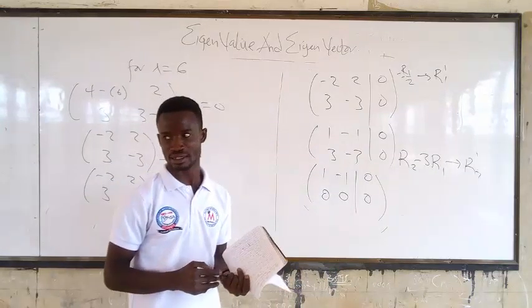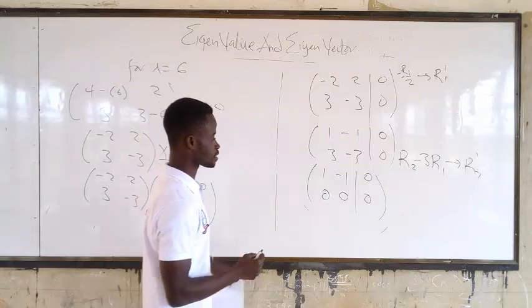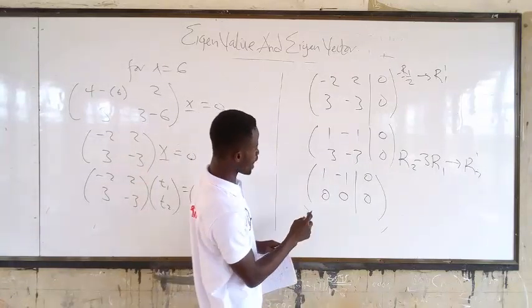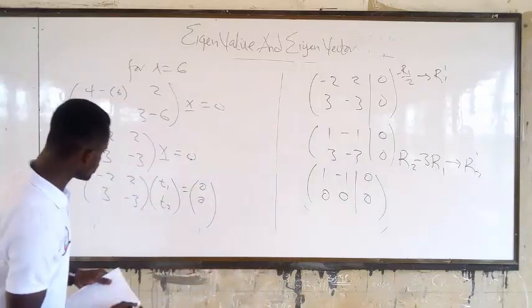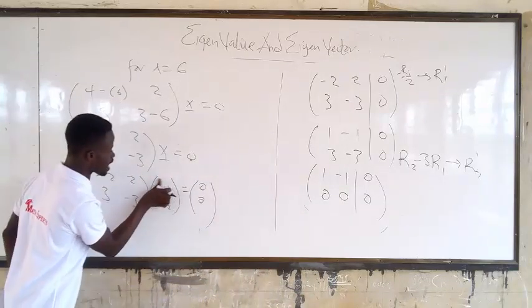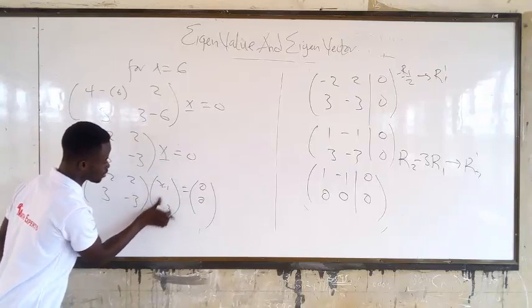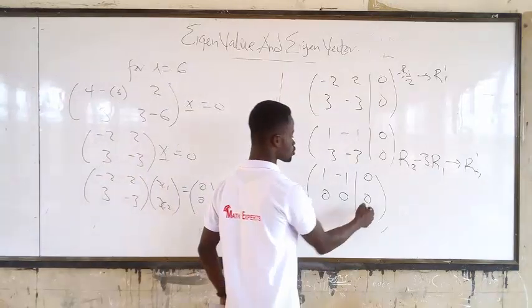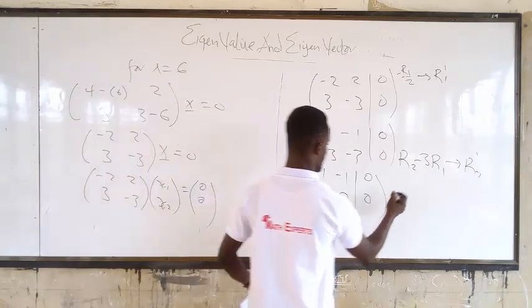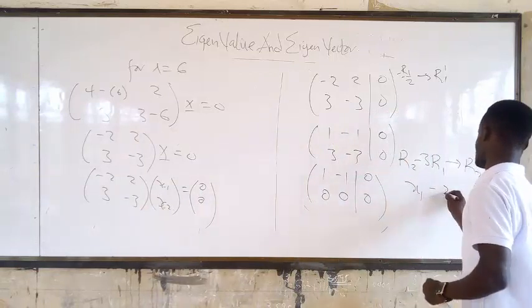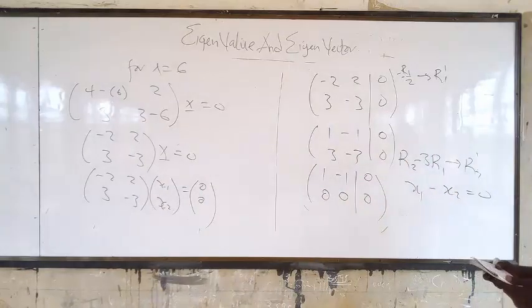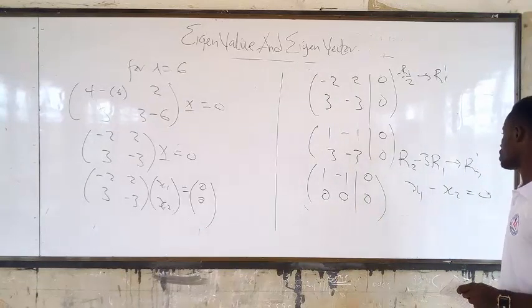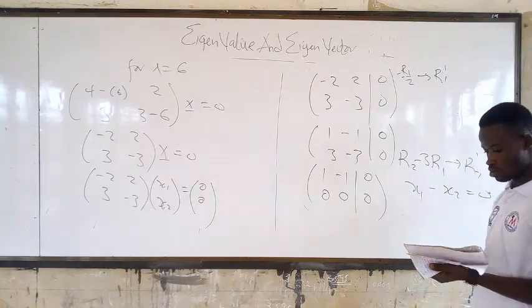Now, reading this part, let's use S1, S2. Here 0 is equal to 0, which is true. So we get S1 minus S2 is equal to 0.